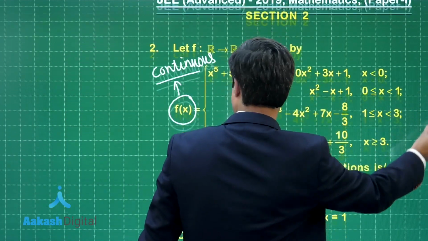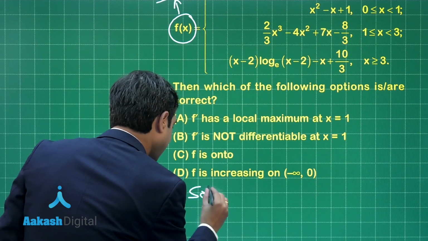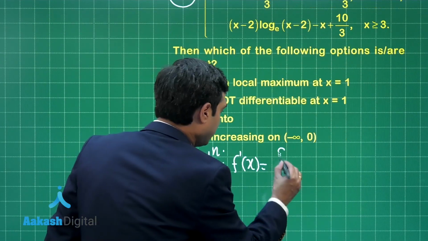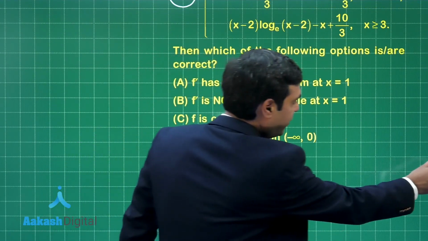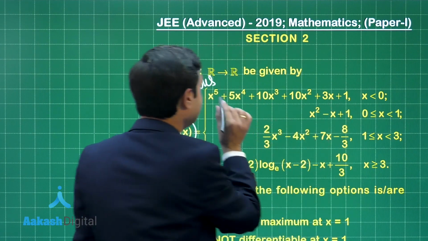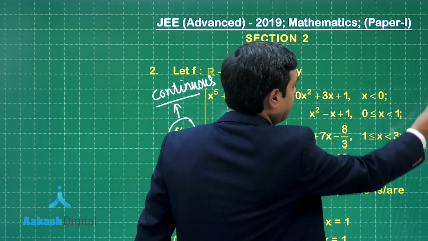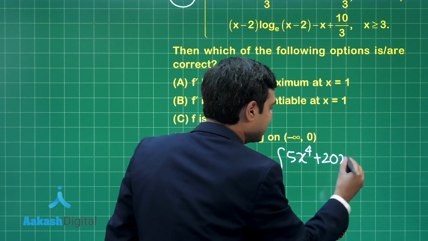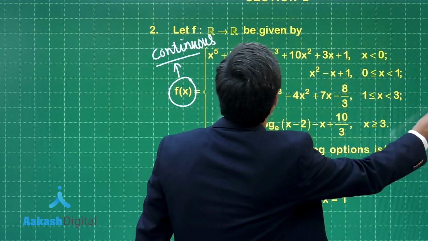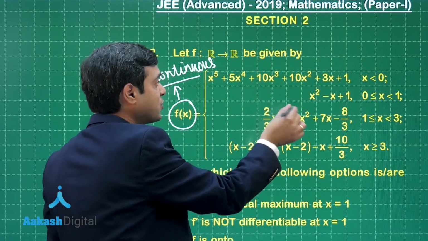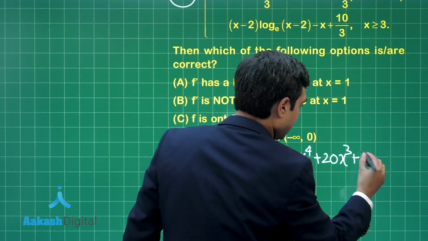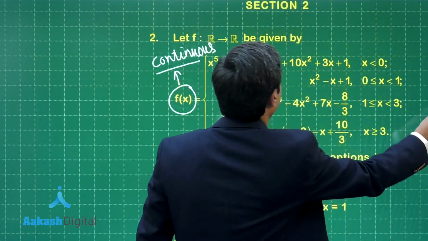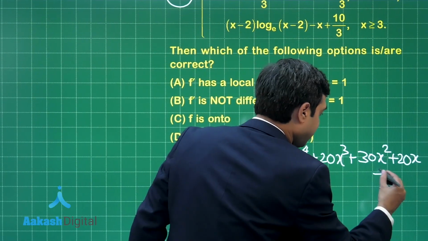When you differentiate it you obtain f'(x) is equal to, we can write here the derivative part. Let's see the function. It says 5x^4 plus 20x^3 plus 30x^2 plus 20x, and lastly we have plus 3.